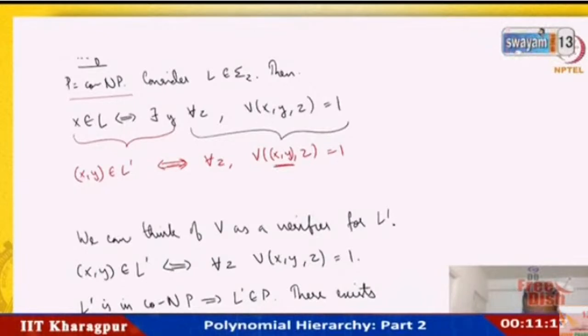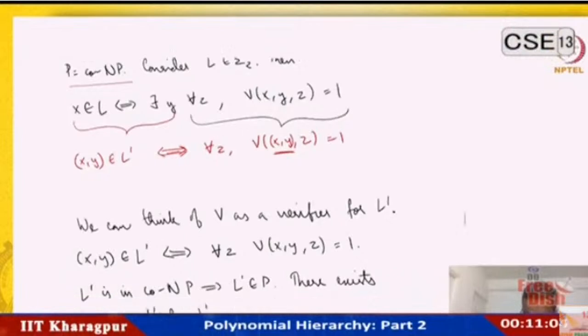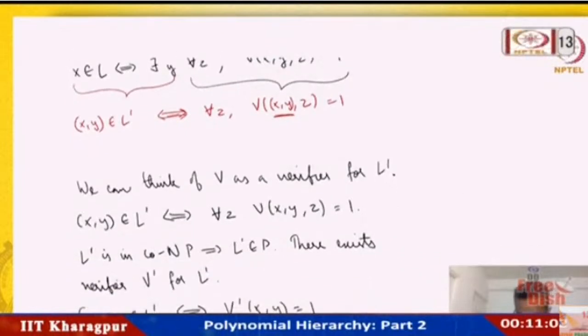Now V is a polynomial time verifier, so L prime looks like a co-NP language, right? It's a for-all characterization, a for-all quantifier. So L prime is in co-NP.